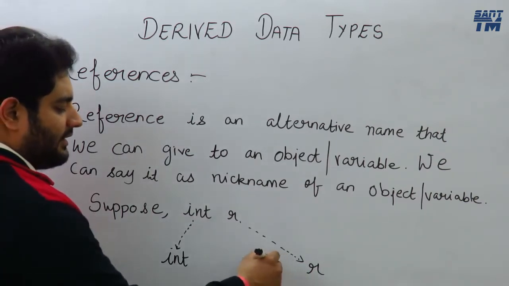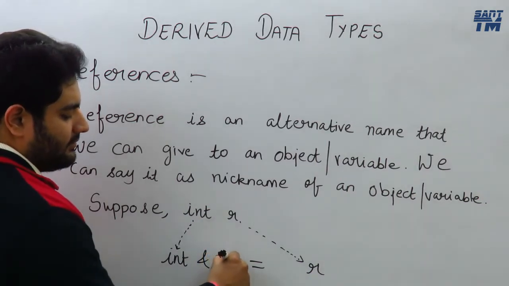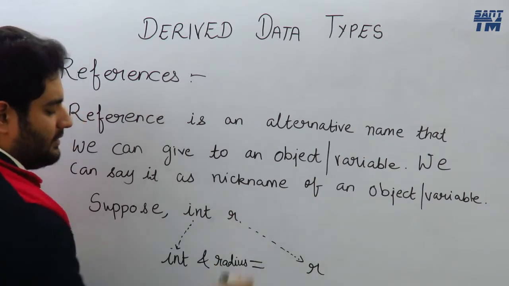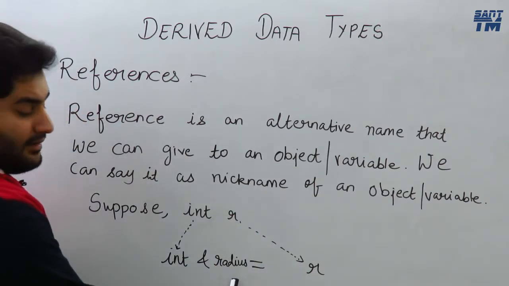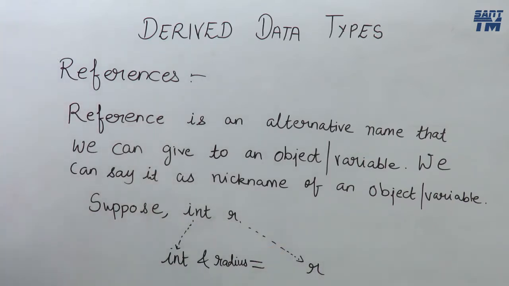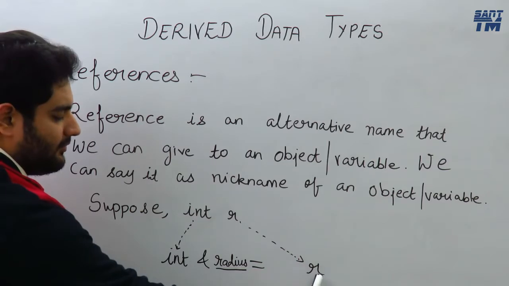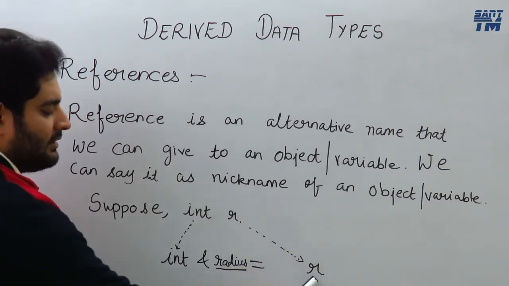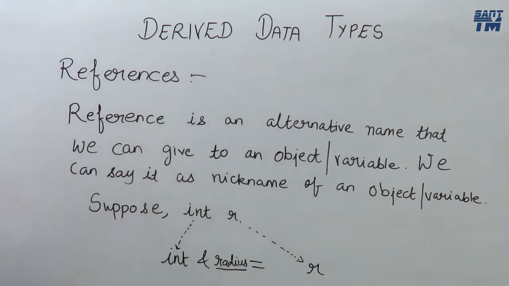Here I will write & and radius. Now the statement becomes int &radius = r. Now this radius is a nickname of r. I call it r or I call it radius, it means one and the same thing. So this is how we declare a nickname of a variable in C++.